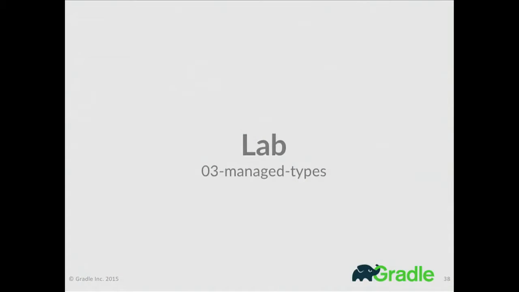All right. So the third lab is on the managed type stuff. Basically we're just going to re-implement the same thing we did, but instead our greeting thing is going to be a managed type.